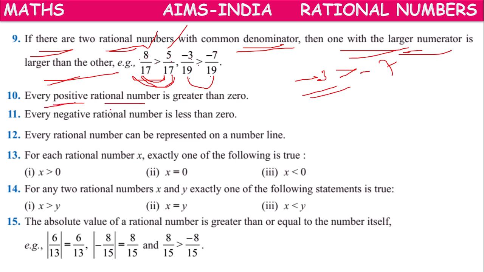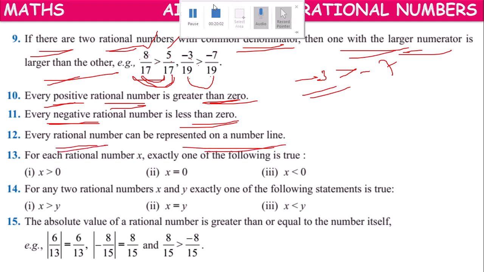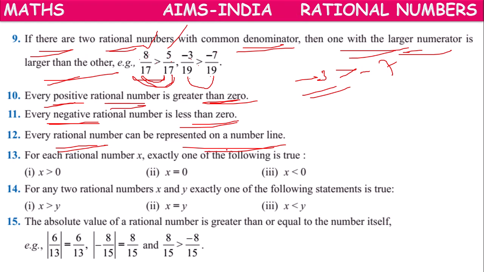So every positive rational number is greater than 0. Every negative rational number is less than 0. Every rational number can be represented on a number line. For each rational number x, exactly one of the following relations must be true.